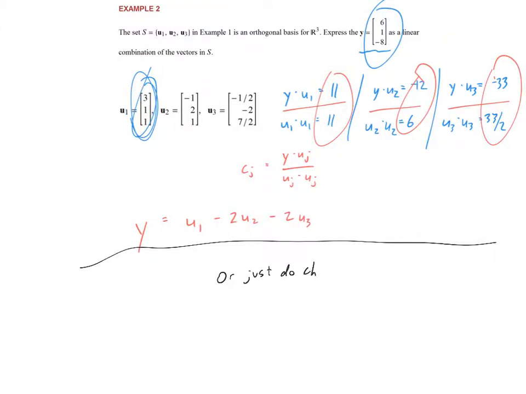I can take and do some row operations, 3, 1, 1, minus 1, 2, 1, negative a half, negative 2, 7 halves, 6, 1, negative 8, put it into reduced row echelon form, boom, you got your weights. But because it's orthogonal, I don't need to do that. I can just use this cool relationship that is present in orthogonal bases.